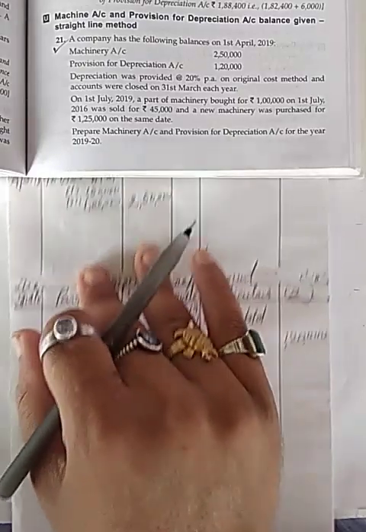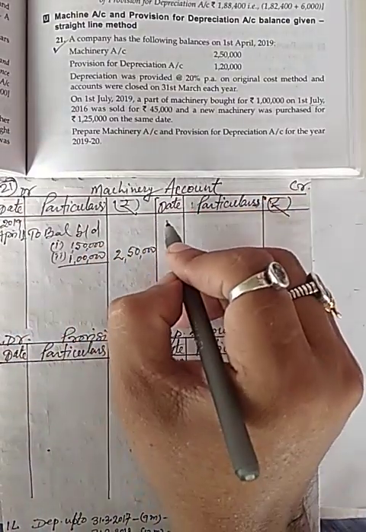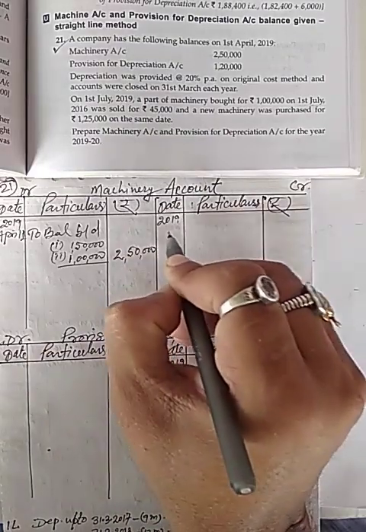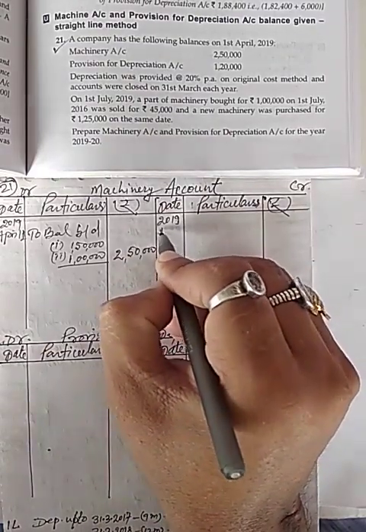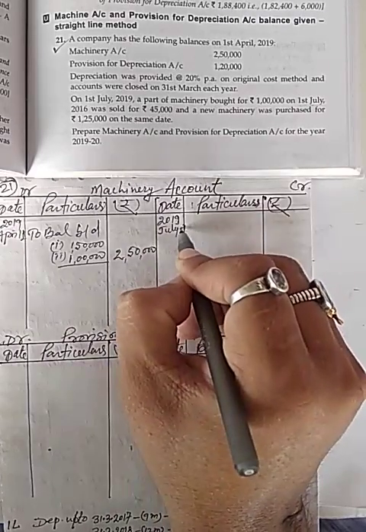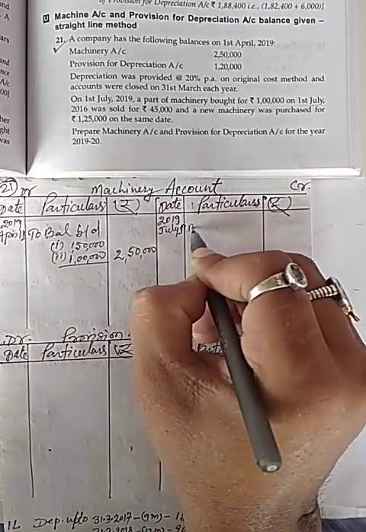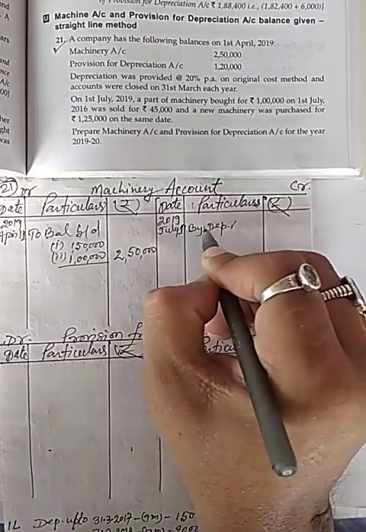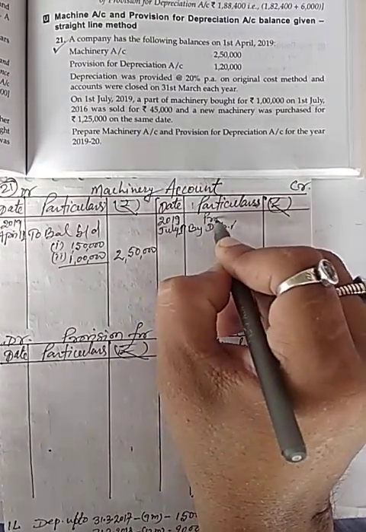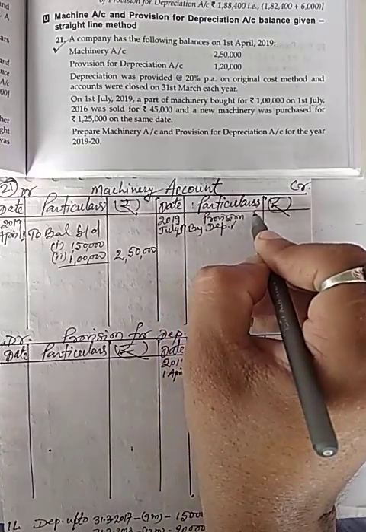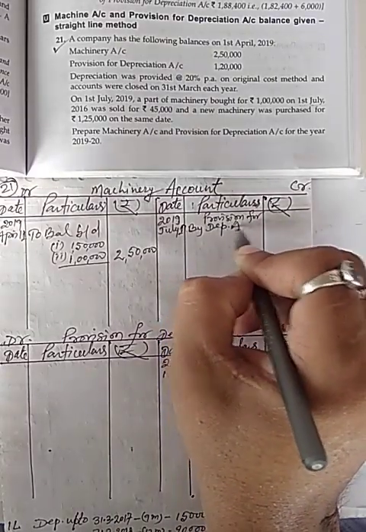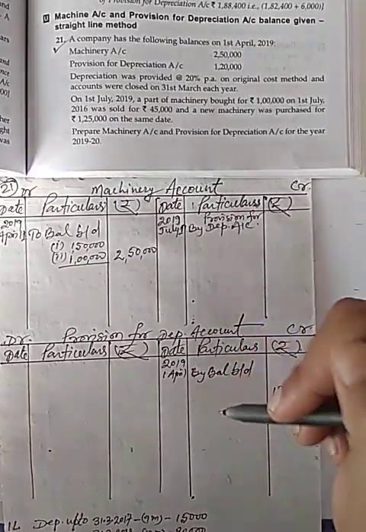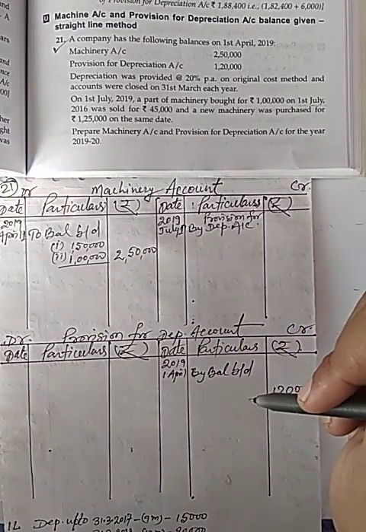So let us see. We will write on 2019 July 1st, by depreciation, provision for depreciation account, because we have to maintain the provision for depreciation account also.